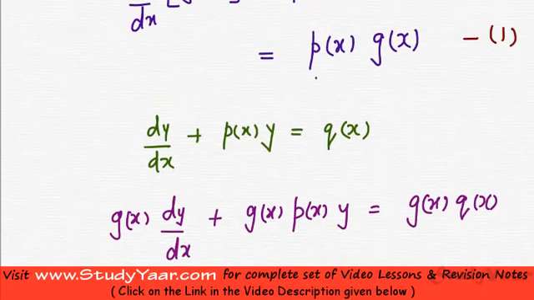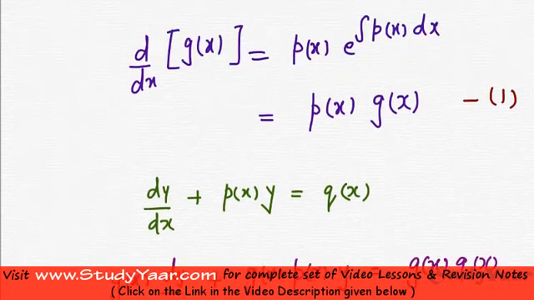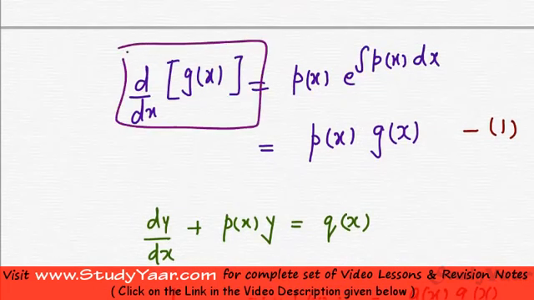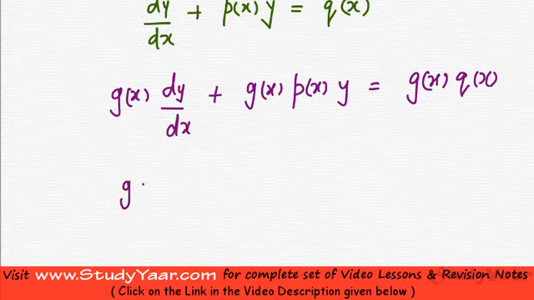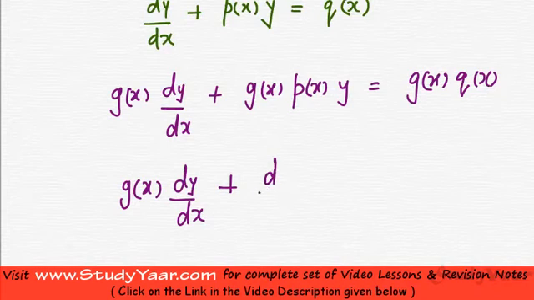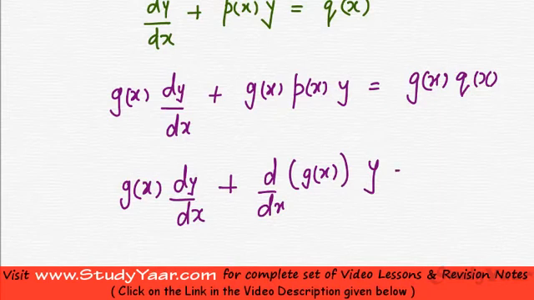Just realize g(x) into P(x) is d/dx of g(x). So let's substitute this. What I get is g(x) dy/dx plus d/dx of g(x) into y is equal to g(x) into Q(x).